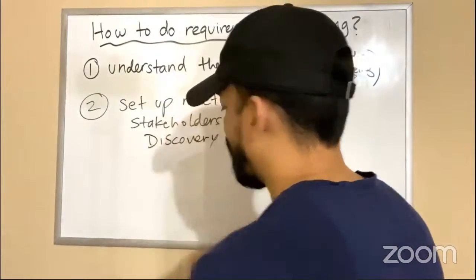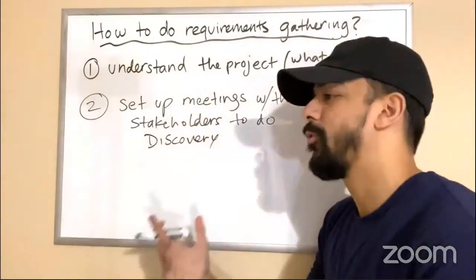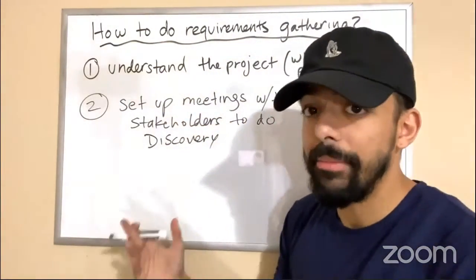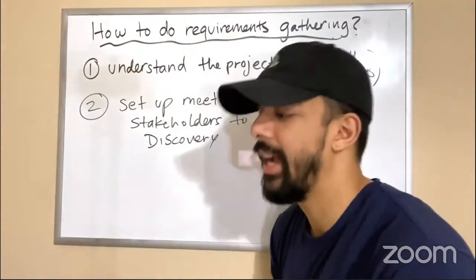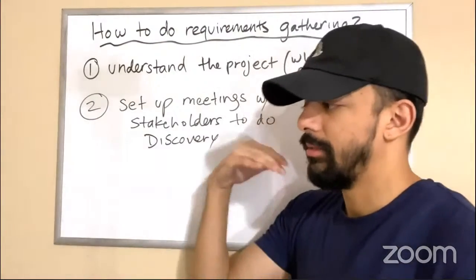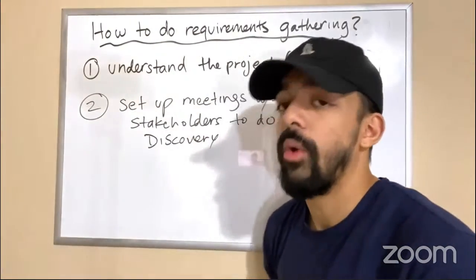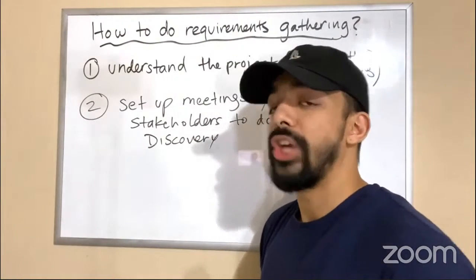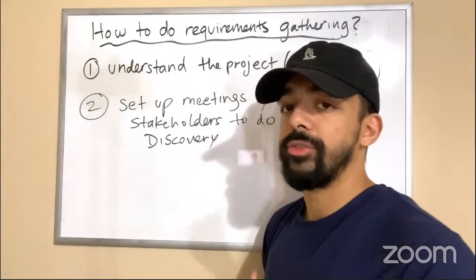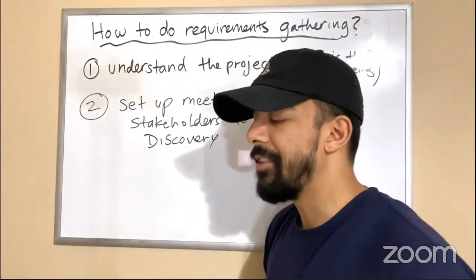Again, requirements gathering, requirements elicitation, same thing. You're discovering the requirements. I'm talking to my stakeholders now. We are trying to change the screen, and I know the reason why we're trying to do it: it's not as optimized.